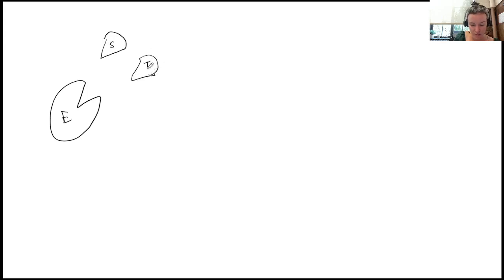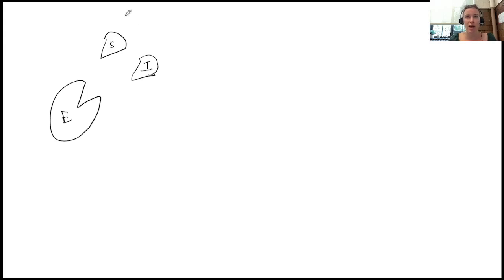Let's draw ourselves how a competitive inhibitor works so that we can understand this. So here's an enzyme, enzyme E. Here's substrate, and here's inhibitor. A competitive inhibitor binds the enzyme's active site.